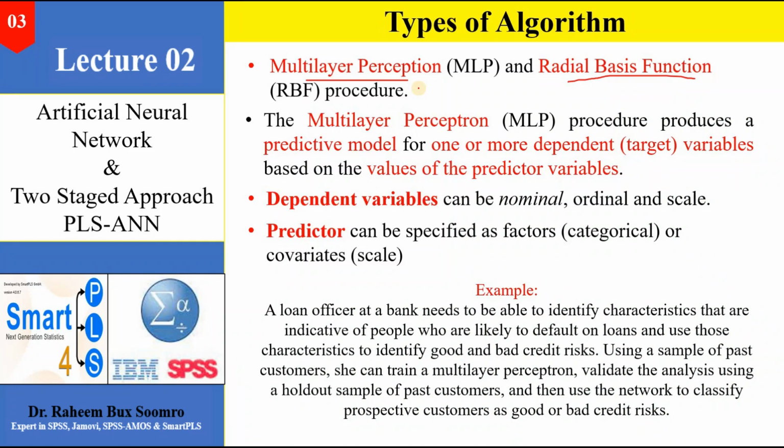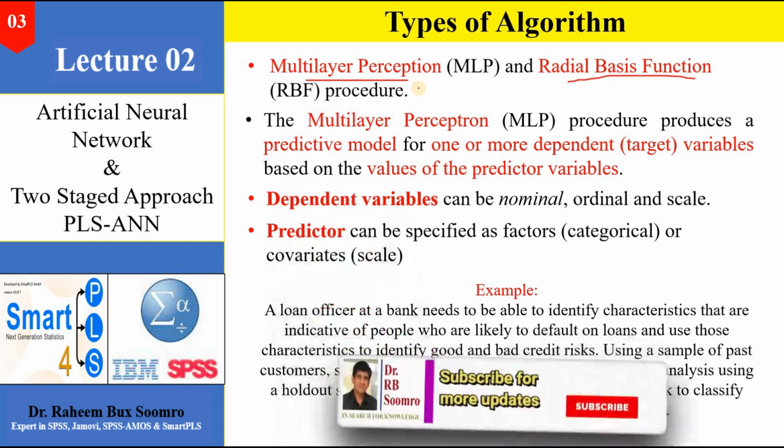The only good thing about the radial basis function is that it is very fast. If you compare the RBF with the MLP, the RBF is easier and faster, but the performance of the MLP is better than the RBF. That's why most researchers use the multi-layer perceptron.